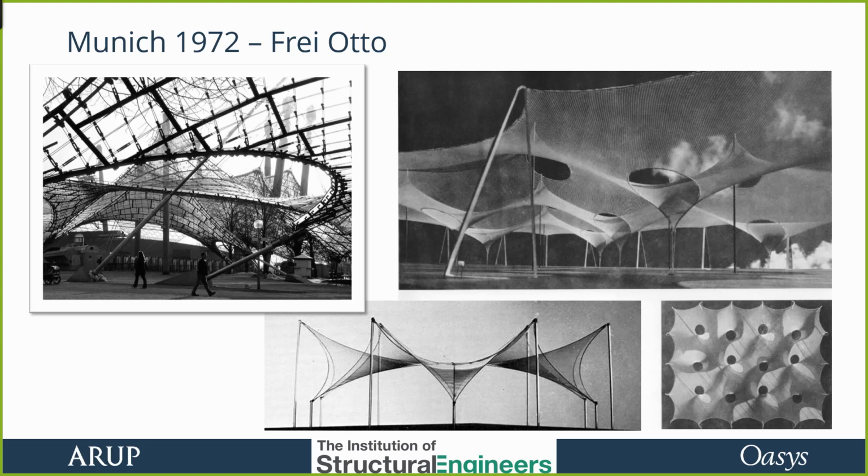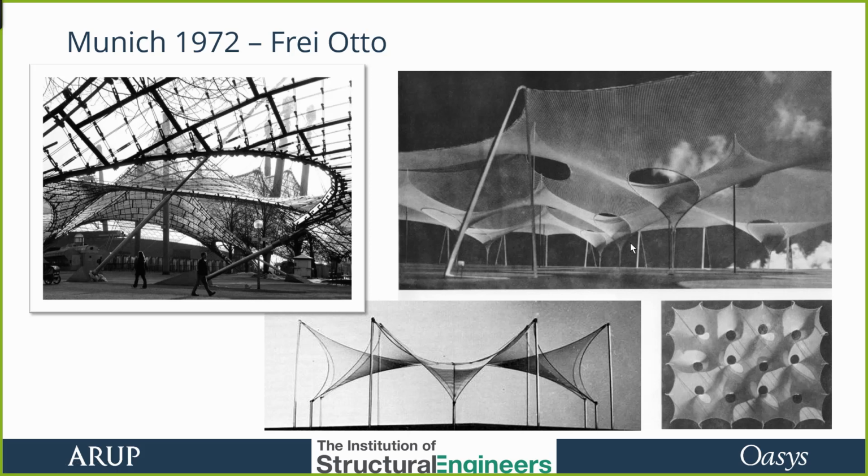As a German architect engineer, he really wanted to go complete opposite to the very heavy architecture of Nazi Germany, and so he came up with these designs for the Munich park, and to do these designs, obviously 1972, no computers, it's all done with physical modeling, and you can see some of these examples here.